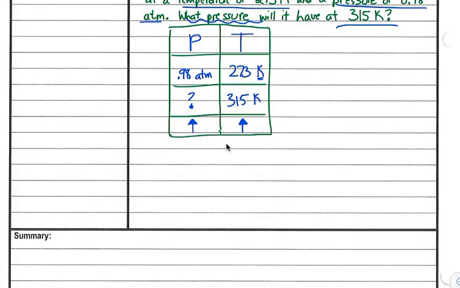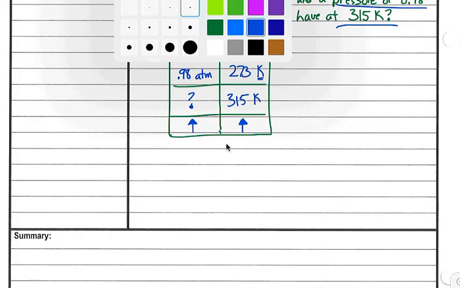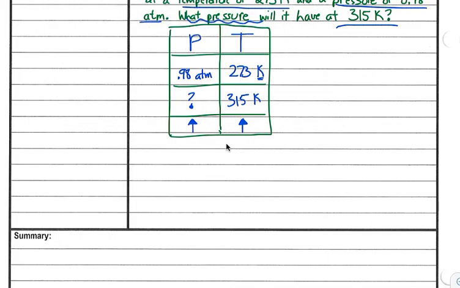So now I'm going to look at the change here. So let's go with purple. Yeah, purple looks good. All right, so to get here and here, I have to do the same thing. So in my calculator, I'm going to figure out what I had to multiply 273 by to get to 315. So I'm going to take 315 divided by 273. And I get 1.15 and some other numbers.